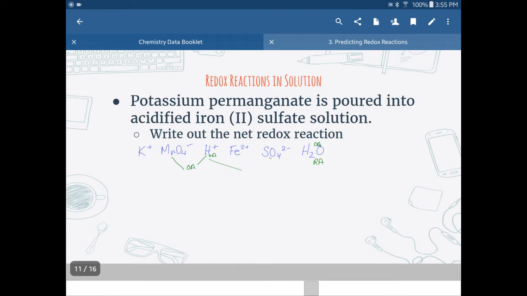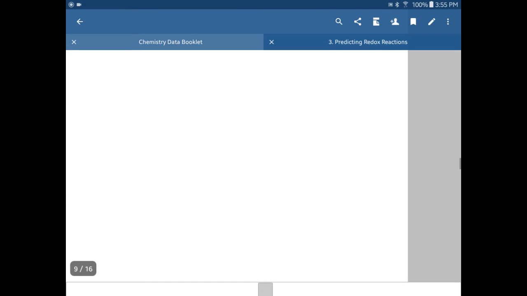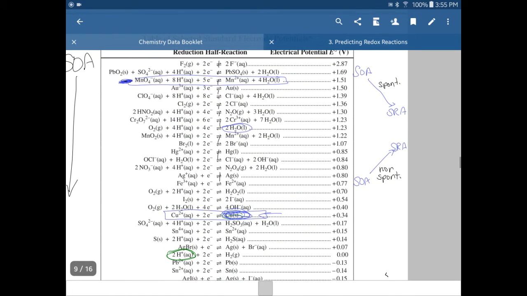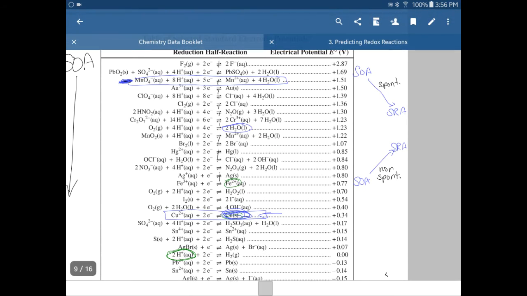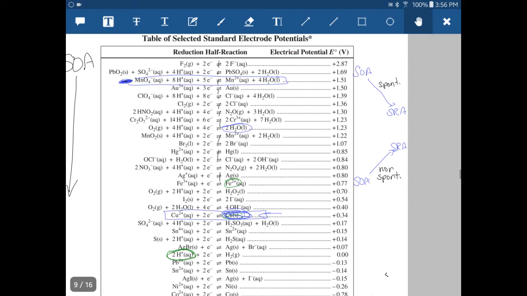So these two things can be an OA. My potassium is an OA. Okay, let's see what else we can find. We need to find something to do with our iron. Now remember, iron is listed here. And actually, let's just do some erasing to clean this up a little bit so we can see the example we're looking at.